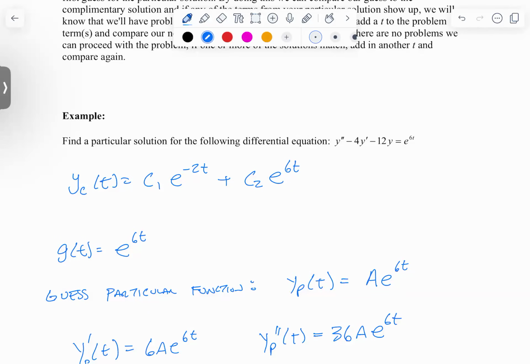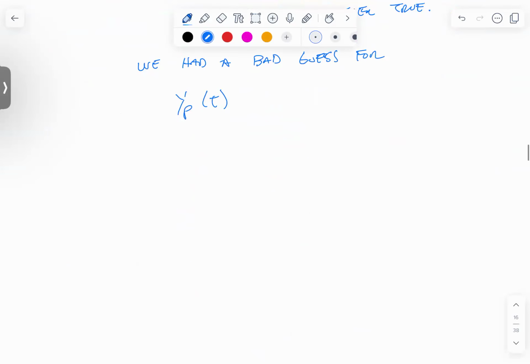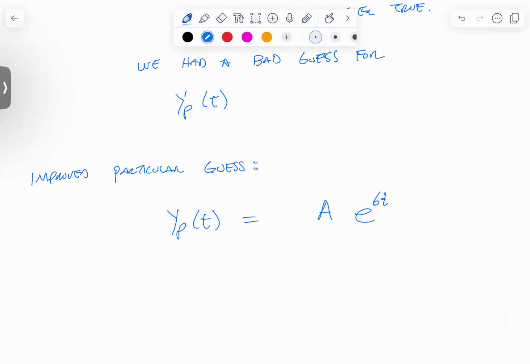Which means the solution is the same one we did for the double root, in order to improve this guess. I would start with the same thing, then I would say, it just looks like my constant.